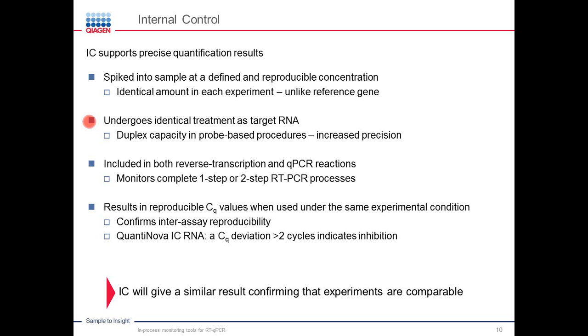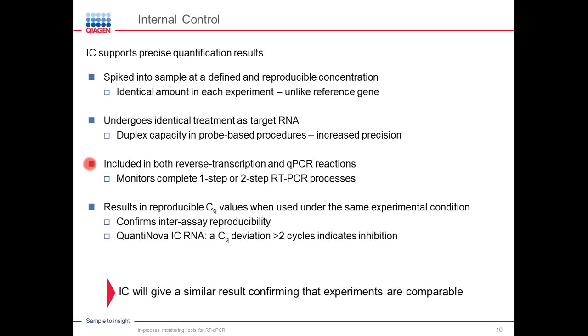And by this, it will always immediately reveal any kind of inherent issue that happens to our reaction, to our PCR tube, essentially. In the best situation, we may use probe-based detection procedures, and then we can even duplex our PCR and run the internal control in exactly the same well as we run our target RNA.